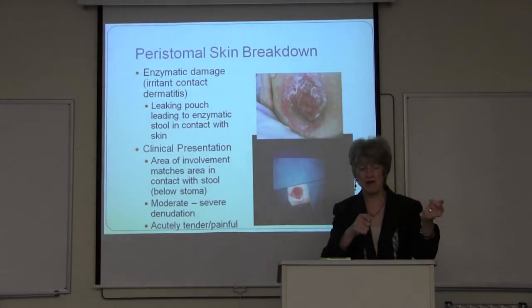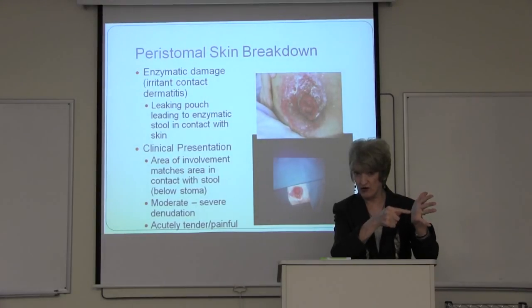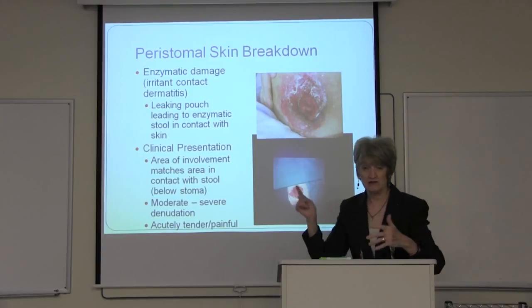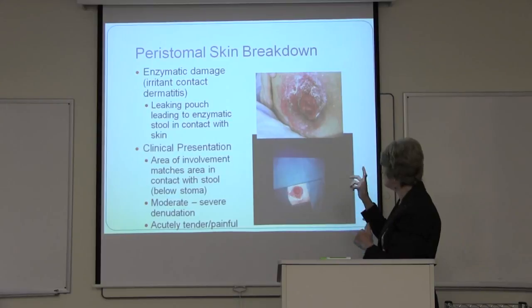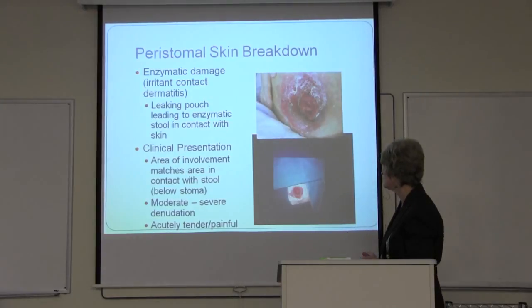And when we took off the pouch and looked at it, we saw meltdown of the barrier in the area matching the skin that was damaged. So if you can just mentally rotate the picture on top so that it matches the picture on bottom, that's classic presentation.